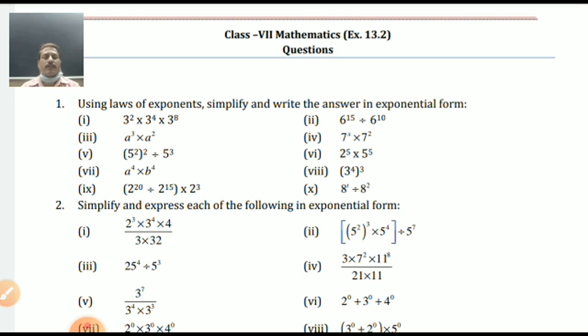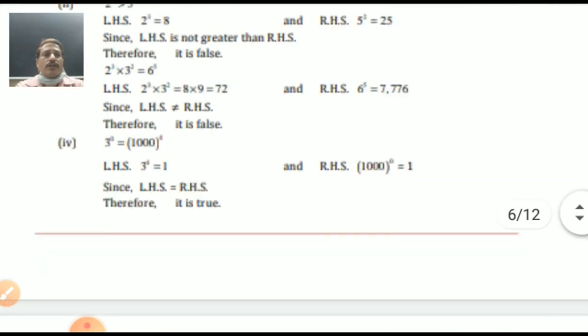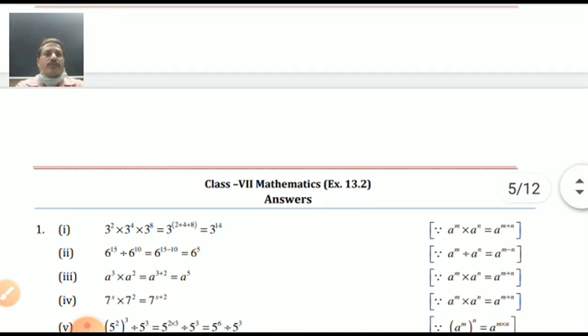Whenever the bases are different, try to make the bases equal. Or whenever the exponents are equal, common, you can take it out and multiply the bases. See the answer of 13.2. Now we will discuss in detail.